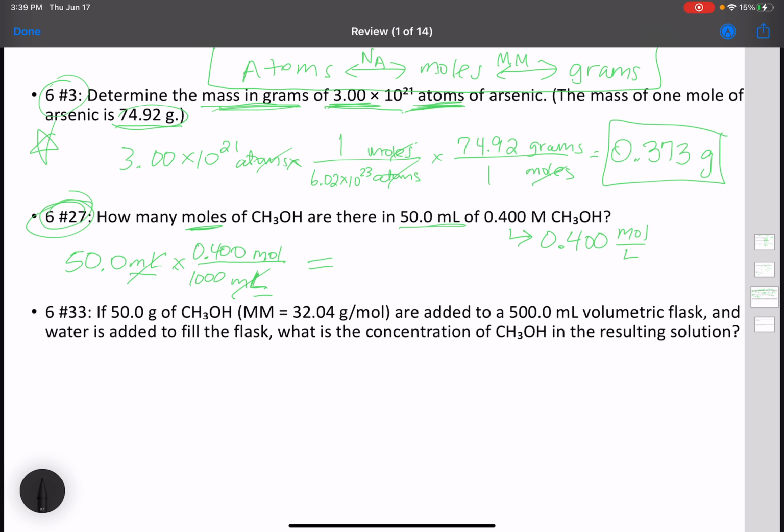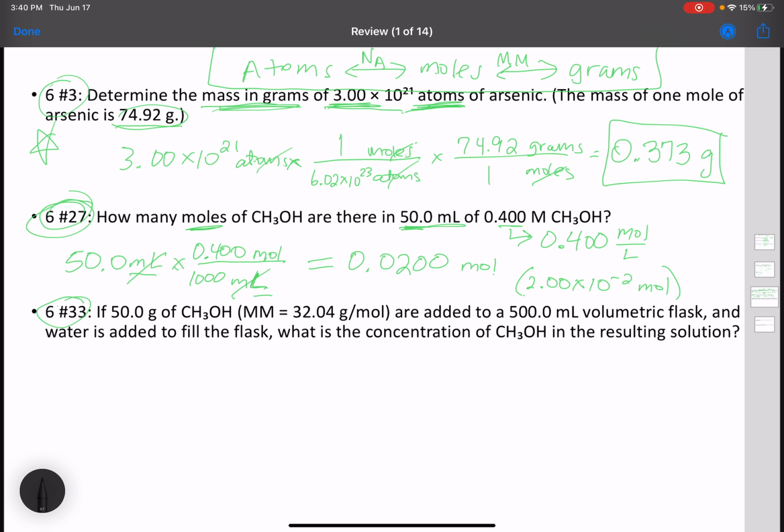Just make sure that those units match so that they cancel out, and you end up with 50 divided by 1,000 times 0.4, 0.02. Now technically these two numbers have three significant figures, so my answer should have three significant figures, 0.0200 moles. Or you could also write that as 2.00 times 10 to the negative 2 moles. Either one is acceptable.